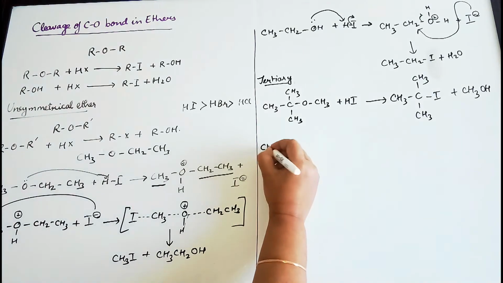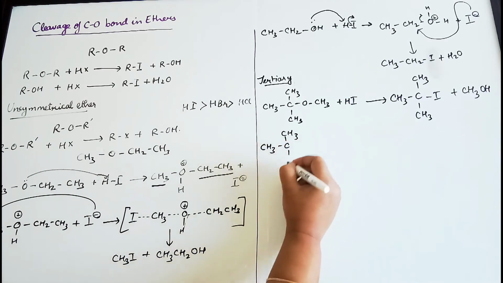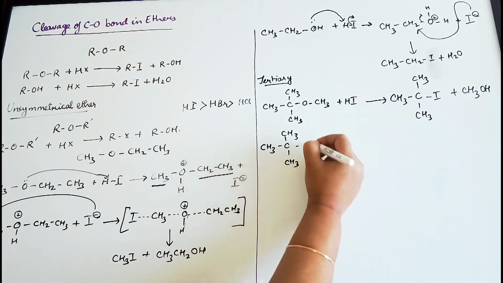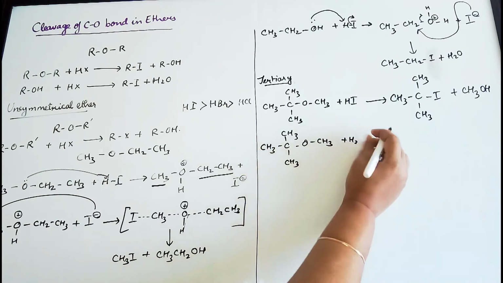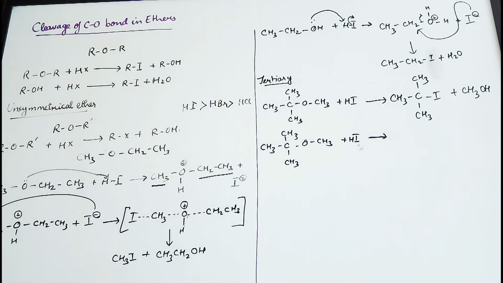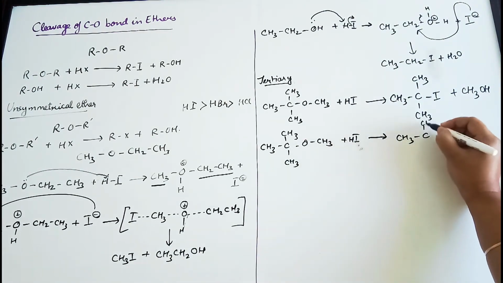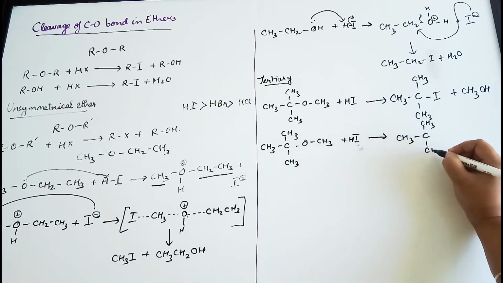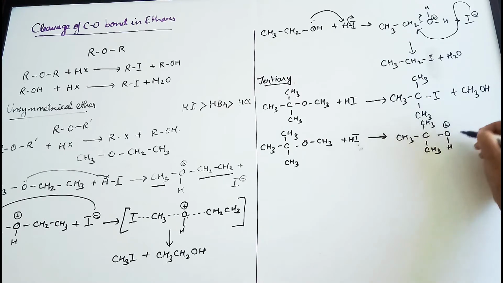So CH3 O CH3 is getting protonated by the similar reaction up there to give us CH3, CH3 OH plus CH3. Now this is the oxonium ion which is formed.